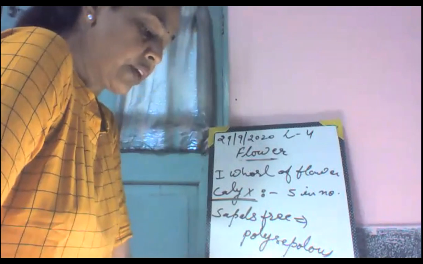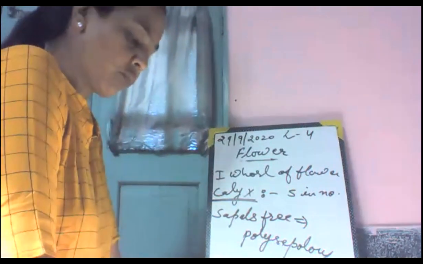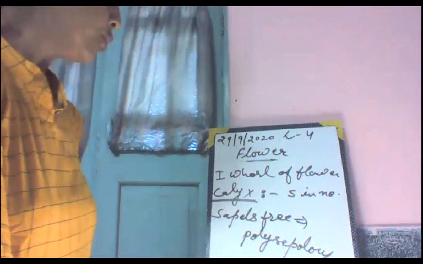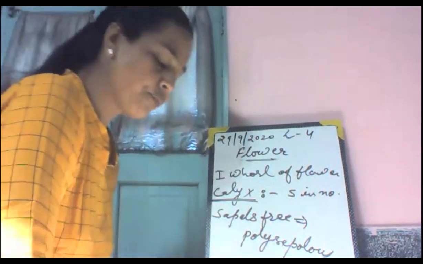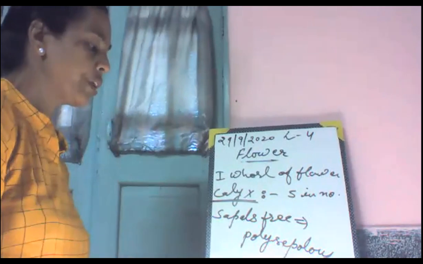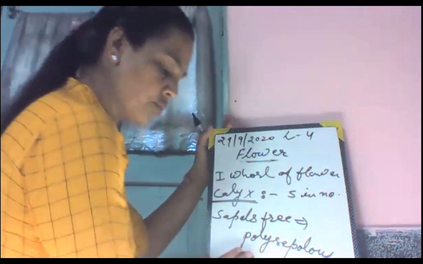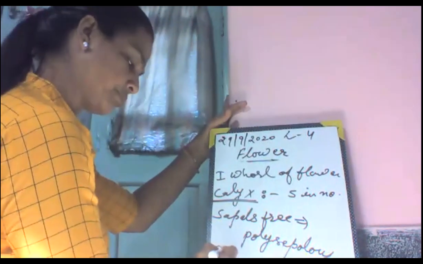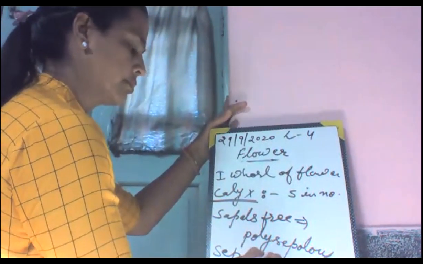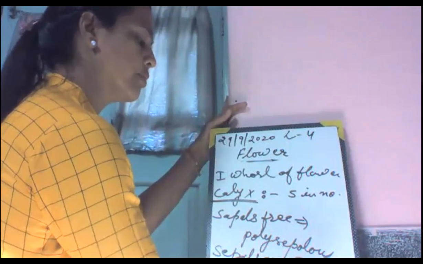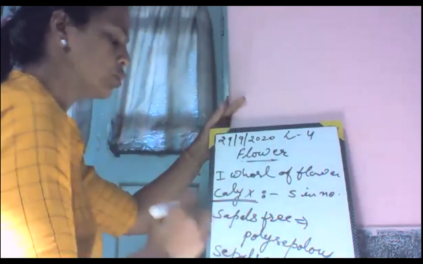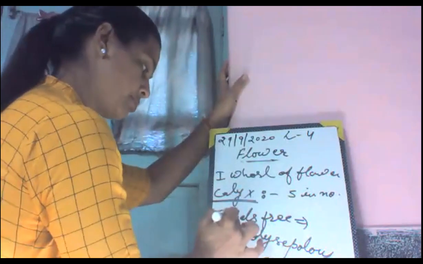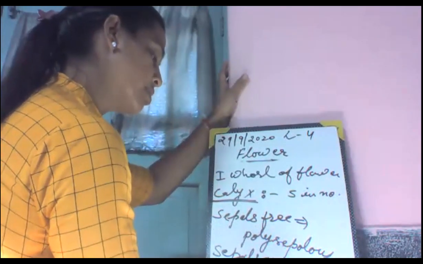If a flower has a fused arrangement of sepals, they are known as gamosepalous. If sepals are fused, attached to each other, they are known as gamosepalous.